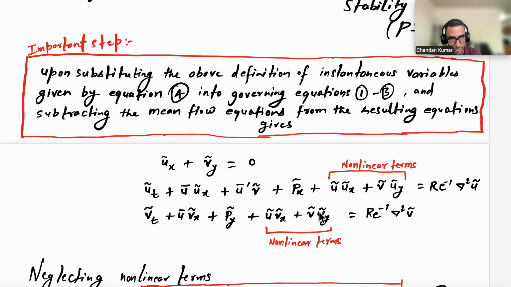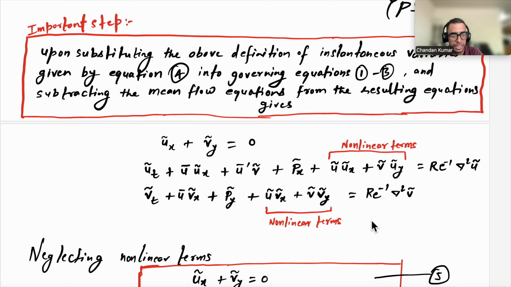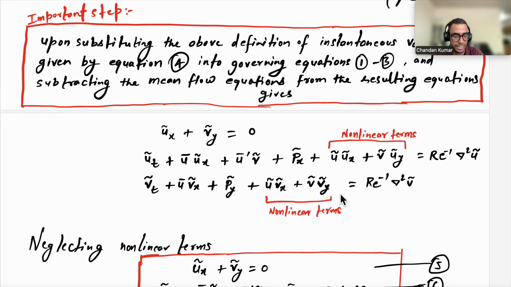Since we are dealing with only the linear stability, for now we will neglect these terms. If we want to look into the nonlinear terms, we can consider them, but further we will have to find a way to model these terms. So for now, we are dealing with the linear stability, so we will neglect these terms in these two equations.